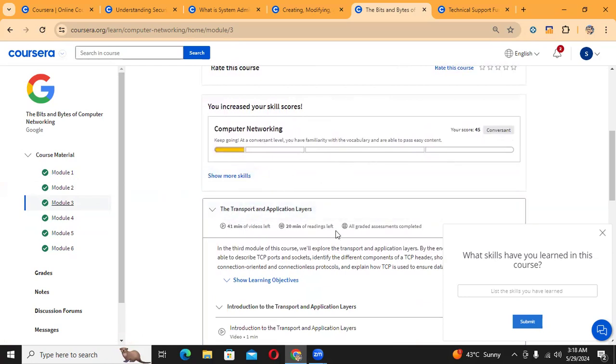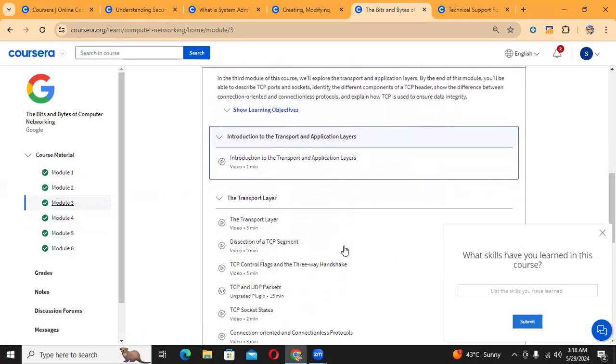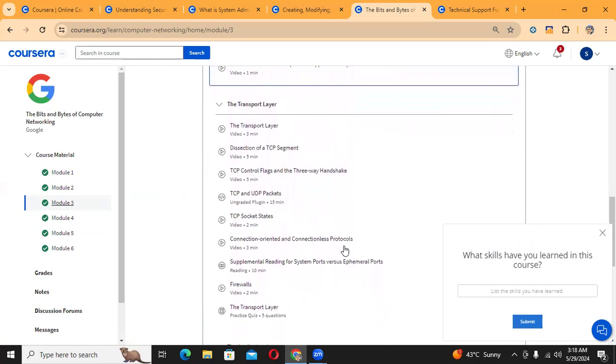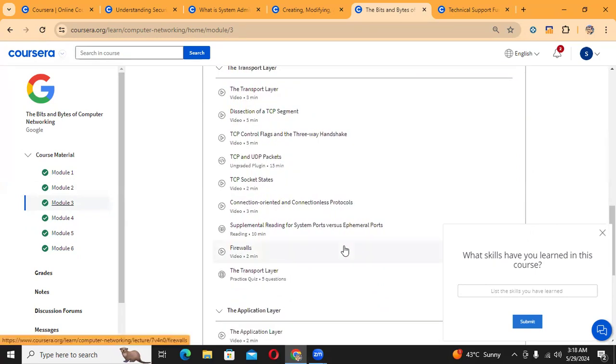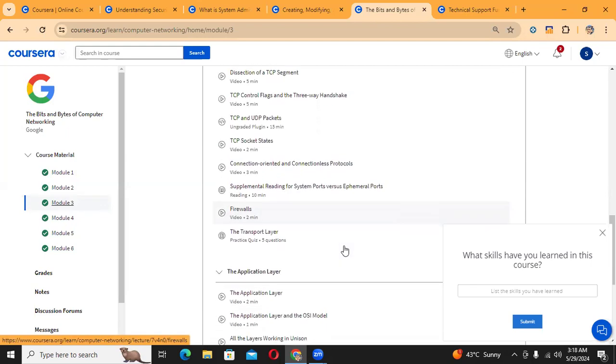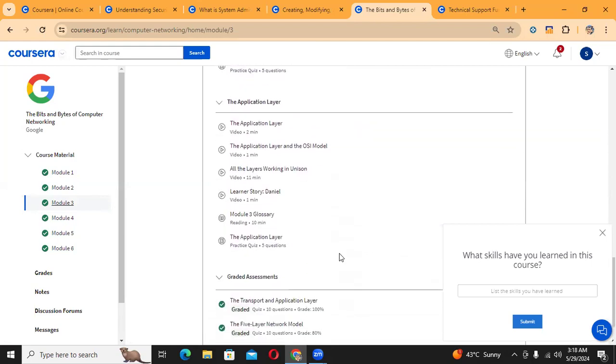This module is about the function of the transport and application layers in the network stack, in ensuring reliable data transmission and managing communication services. In this module, we have ports, sockets, HTTP, HTTPS, FTP, SMTP, and the process of encapsulation and decapsulation.